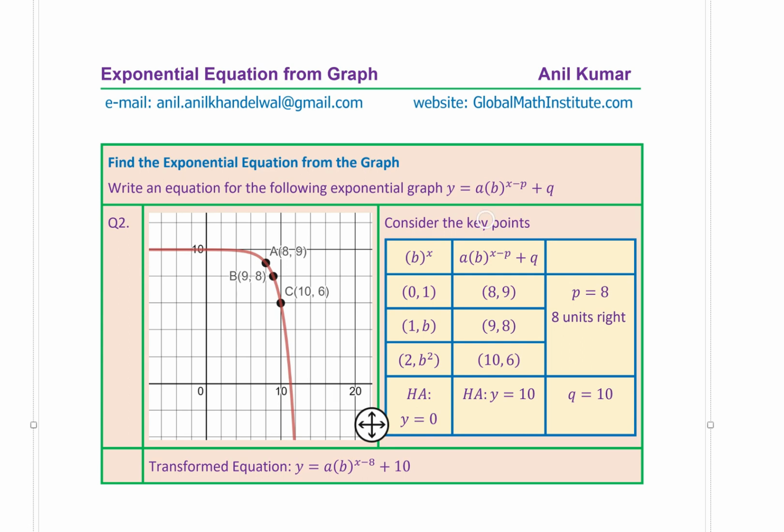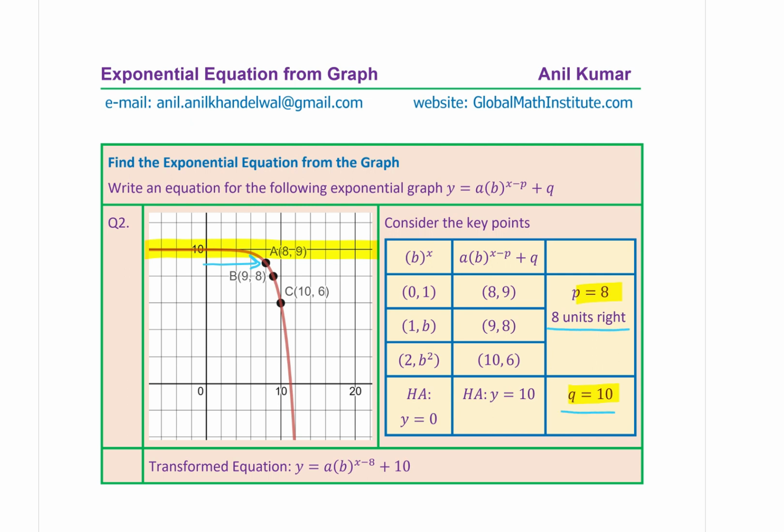In the equation, we have already seen that the value of q should be equal to 10. Q is 10 since the horizontal asymptote is right there at 10. P is 8 since the points have moved 8 units to the right. Do you see that translation? So that is your horizontal translation, right? 8 units right.